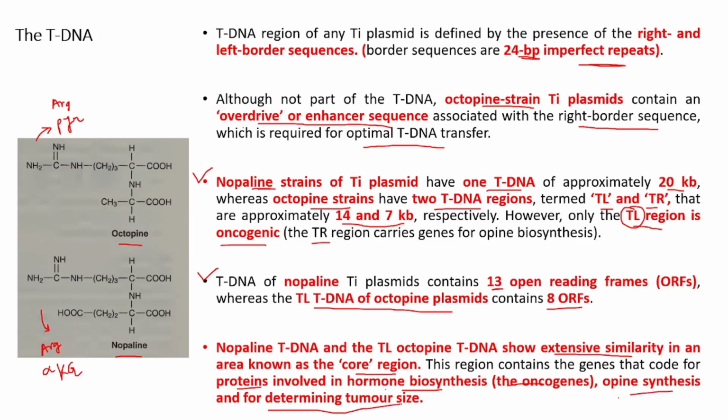So in the core region, there may be different dissimilarities, like in nopaline strain Ti plasmids the length is 20 kb, while in octopine strains it is divided into two portions, 14 kb and 7 kb. Nopaline strains contain 13 ORFs, octopine strains contain 8 ORFs.